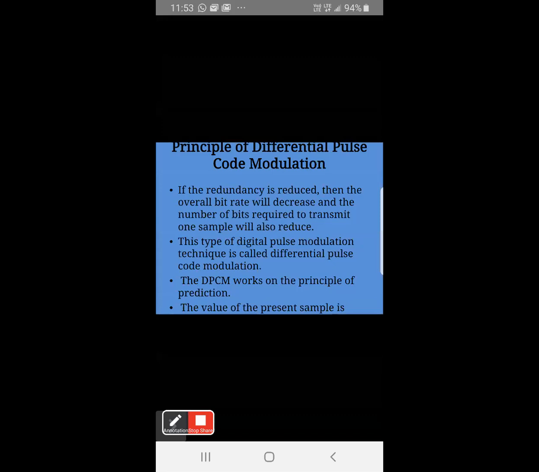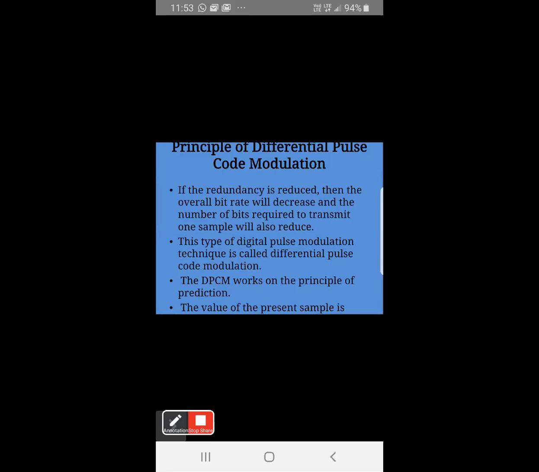So differential pulse code modulation always depends on the prediction principle. The value of the present sample depends on the previous samples. ఏదైతే మీరు వాల్యూ అనేది తీసుకుంటున్నామో present sample అనేది previous samples మీద డిపెండ్ అయి ఉంటుంది. ఎందుకంటే always they will check whether the same sample is obtained or not.